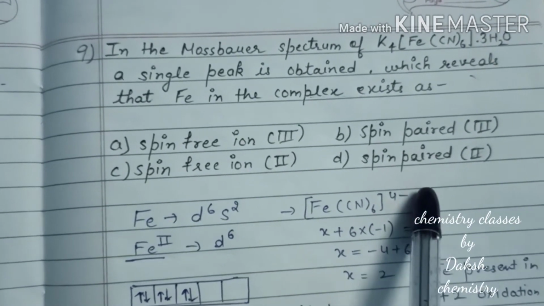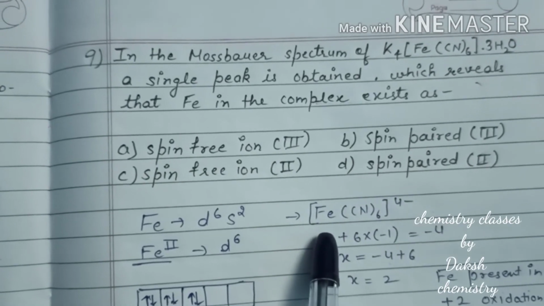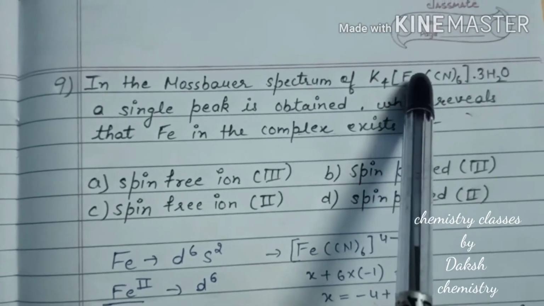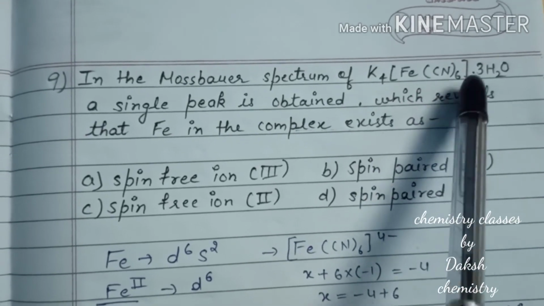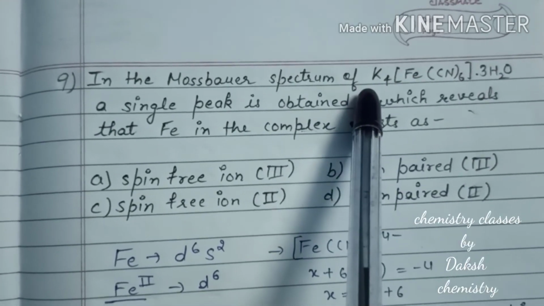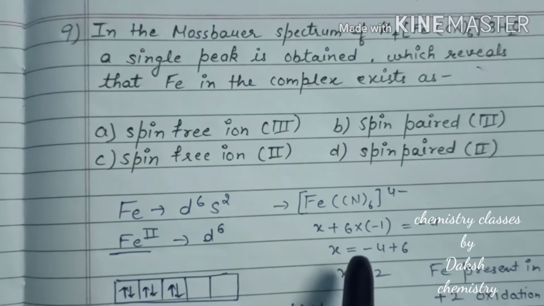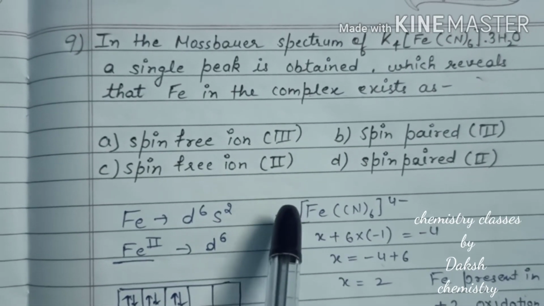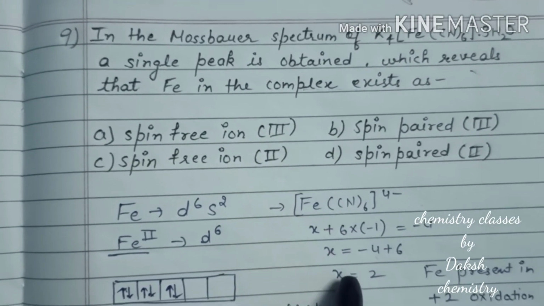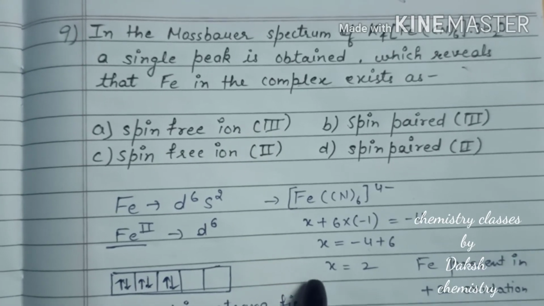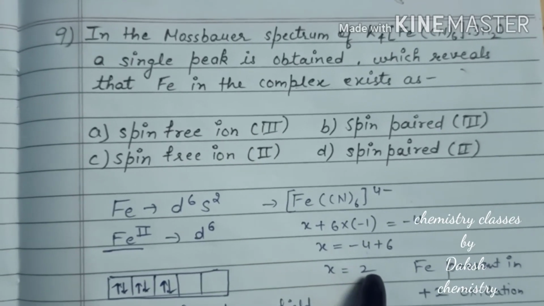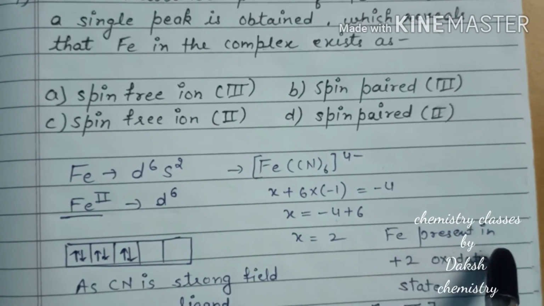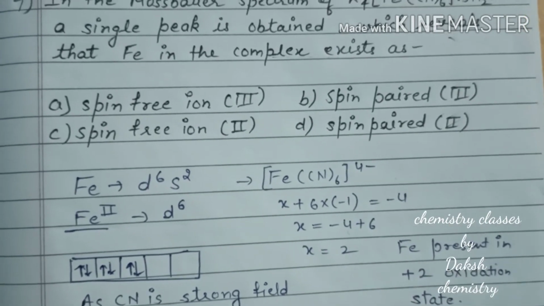Firstly, we will calculate the oxidation state of iron. In this complex [Fe(CN)6] 4-, with 4 potassium ions, we calculate the oxidation state of iron and find that iron is present in the +2 oxidation state.